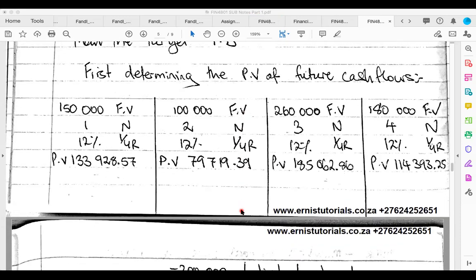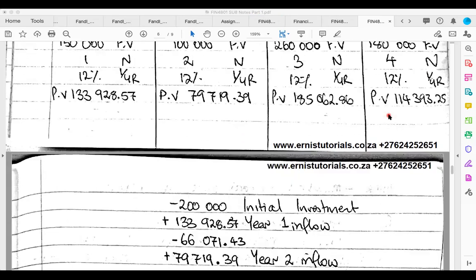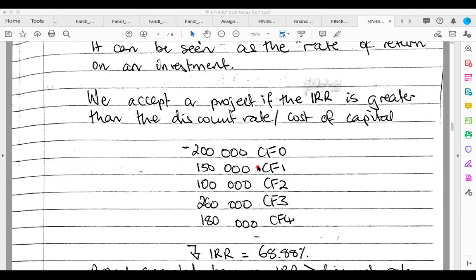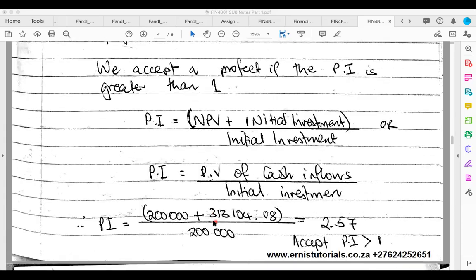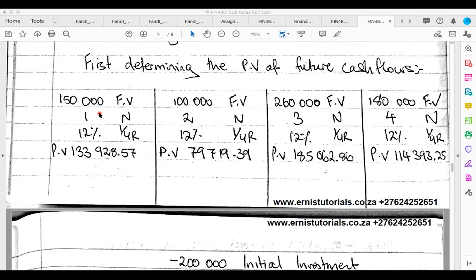But the only difference is we first discount all the cash flows associated with the project. So we discount the 150, the 100, the 260, the 180. We find the present value of all those cash flows, which I'm sure you are able to do.